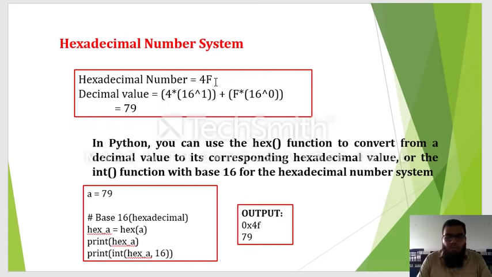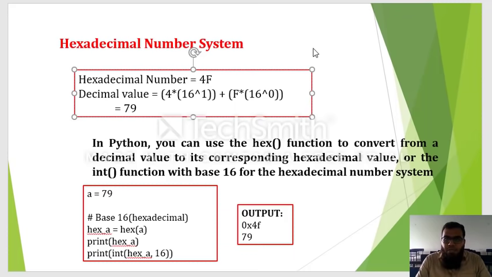So when you have a hexadecimal number and want to convert that into a decimal number, you need to consider the base power exponent. What is the base here? 16 is the base. So 4f can be represented this way from the right-hand side. F is stored at the 16 power 0 place, and 4 is stored at the 16 power 1 place.